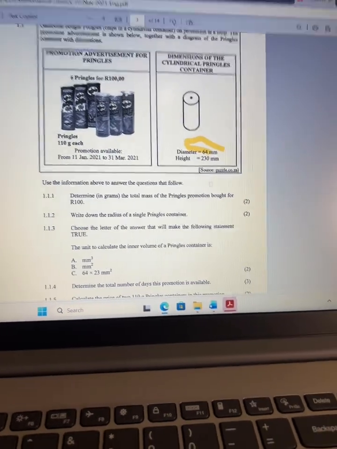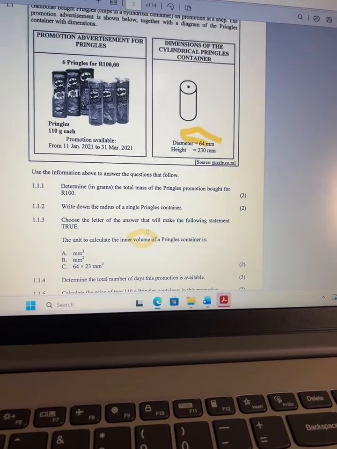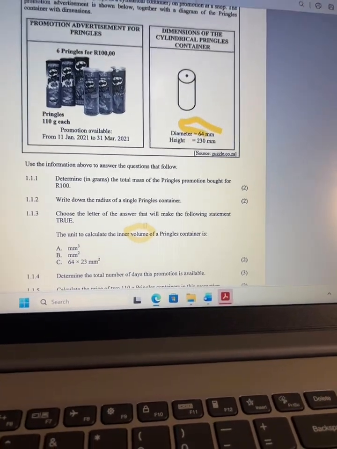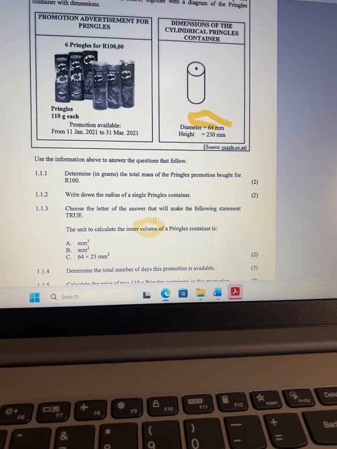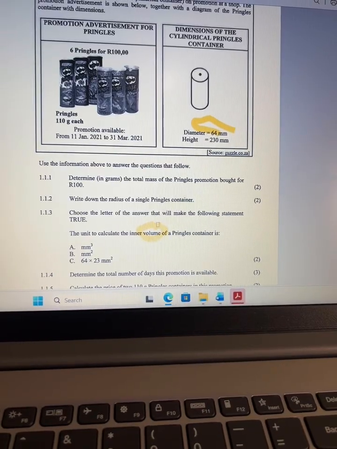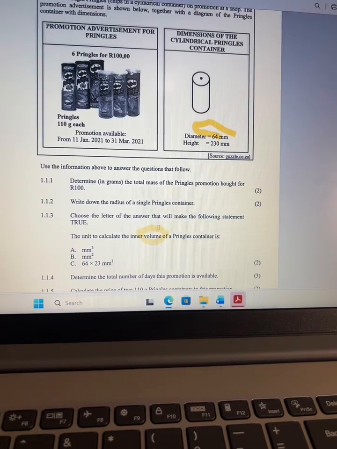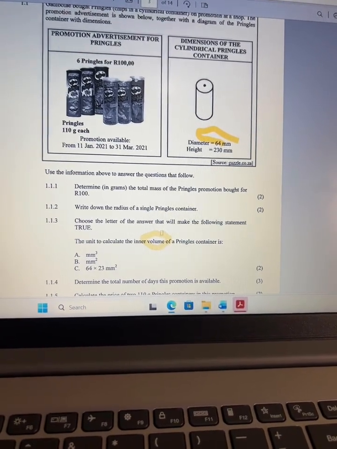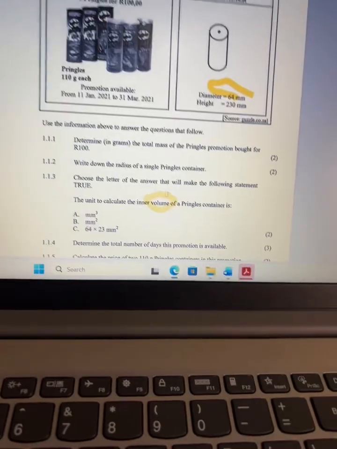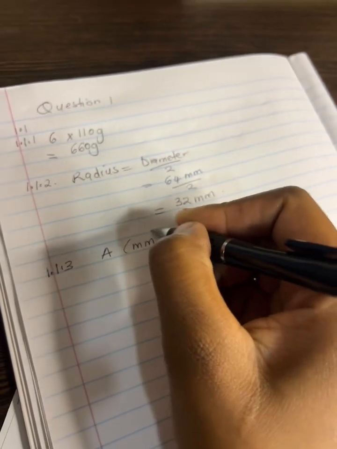What we know about volume is that it is the capacity of the space that can be occupied. So the answers of volume must always be to the power 3. We have A millimeter to the power 3, B millimeter to the power 2, which represents area, and C millimeter squared. So the only answer that qualifies is A, which is millimeter cube.